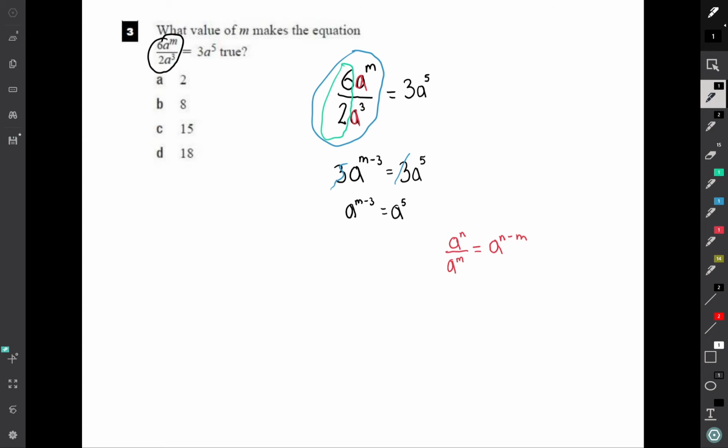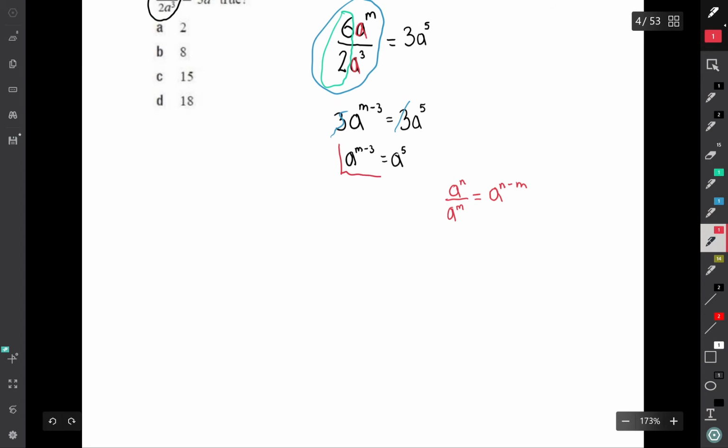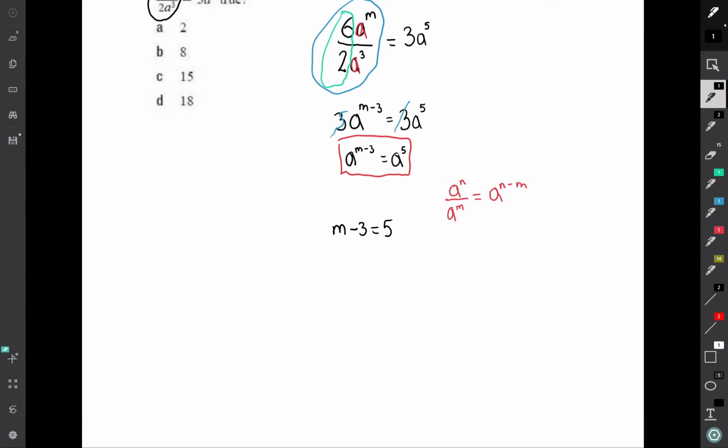We have the same bases on both sides of the equation, so the only way our equation can be equal is if our exponents are equal. If this is true, then doesn't it follow that m minus 3 has to equal 5?